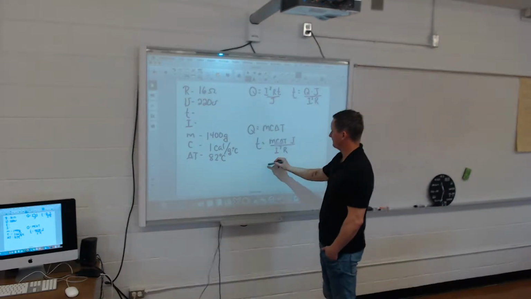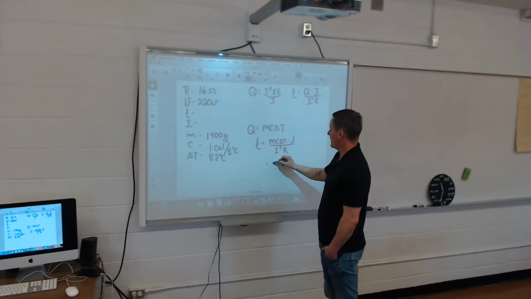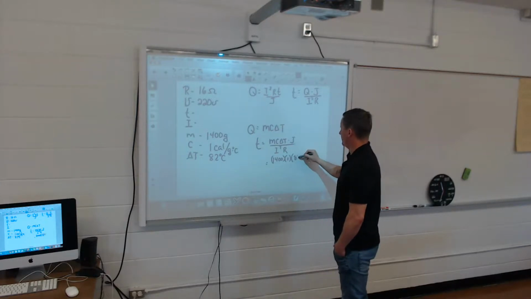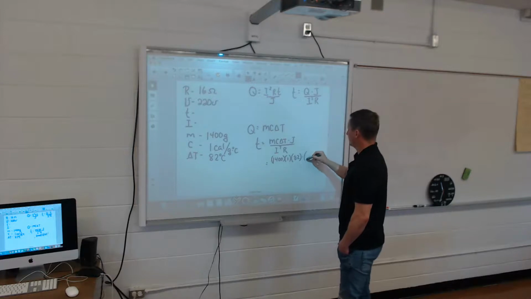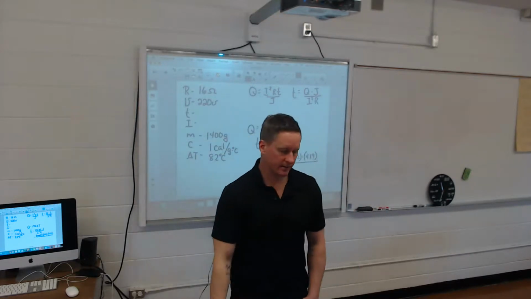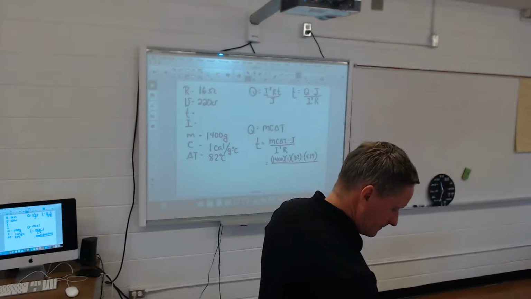All right. So my M, 1400, times 1 times 82 times 4.19. I got to get my I, so I need to take 220 and divide it by 16.